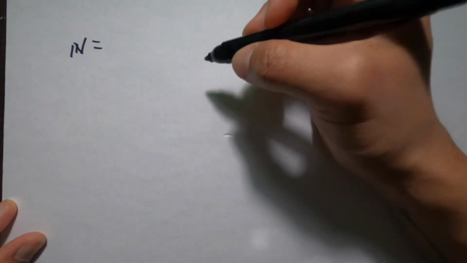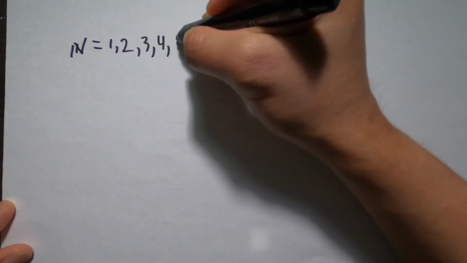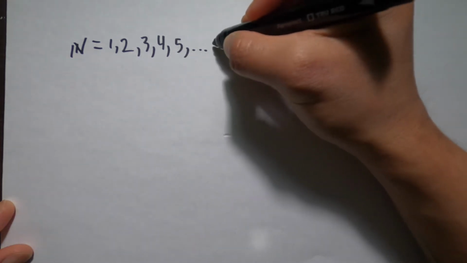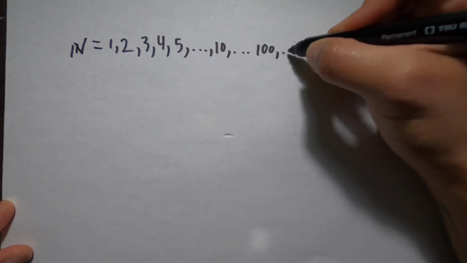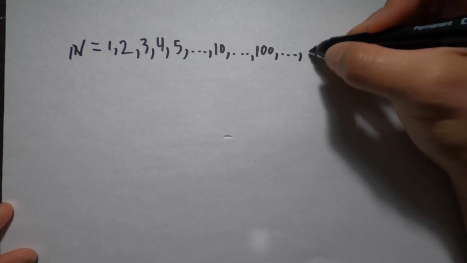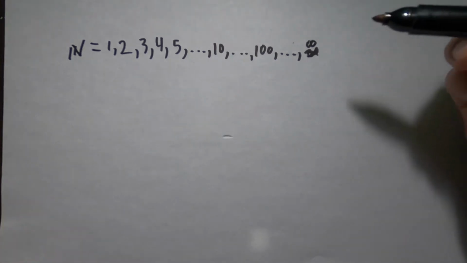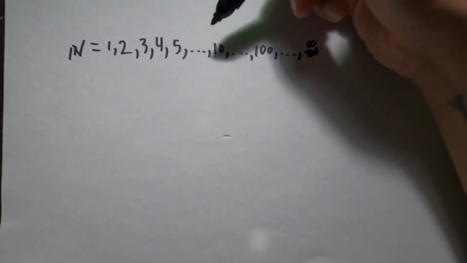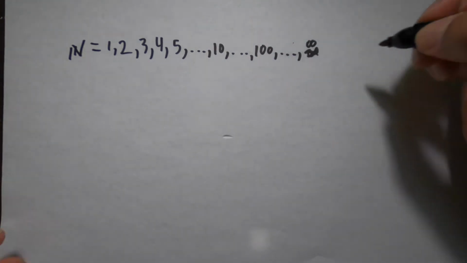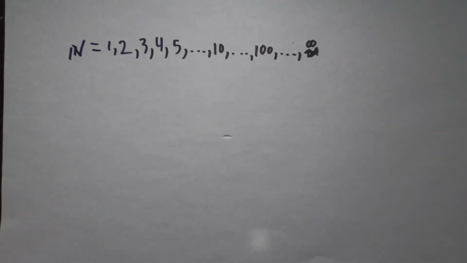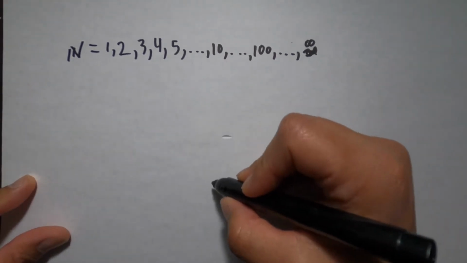And all natural numbers were the numbers 1, 2, 3, 4, 5, all the way to 10, all the way to 100, and it just keeps going and going and going, all the way to infinity. So those are all our natural numbers. And we placed all of our natural numbers in this little box. So I'm going to place this box down here.